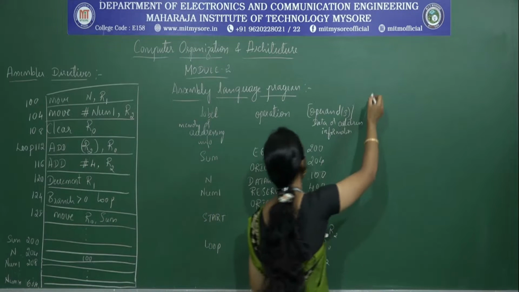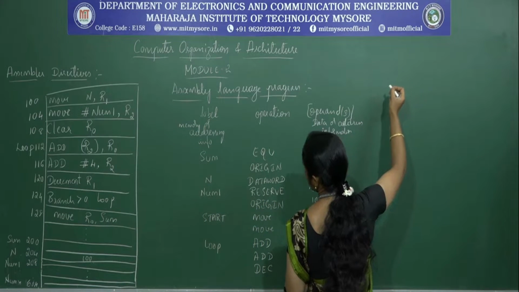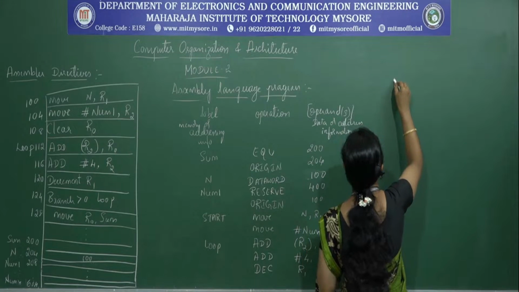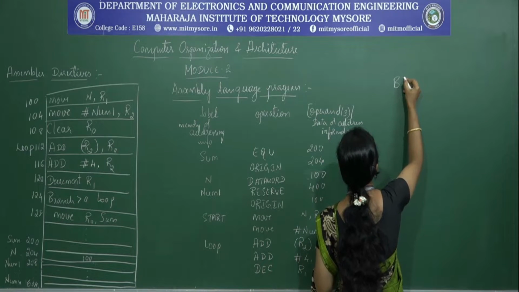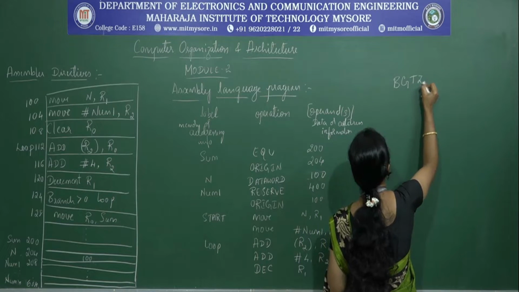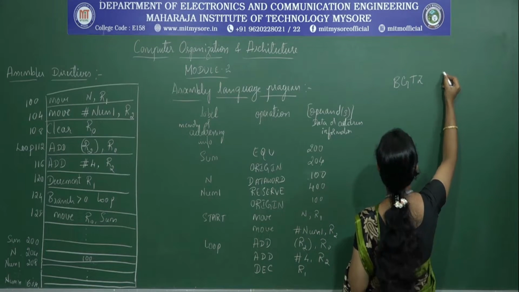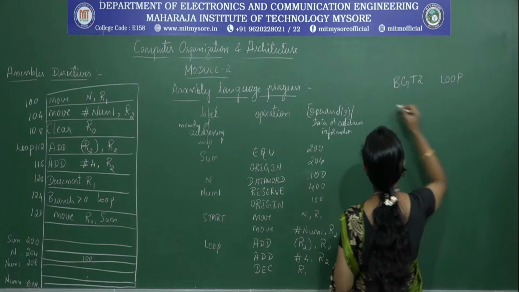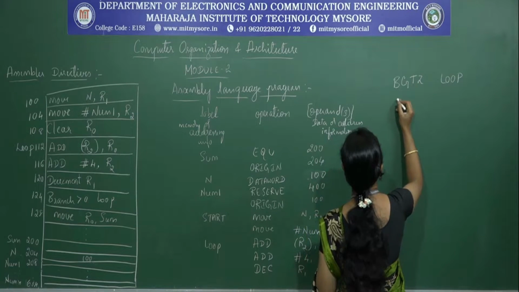After this you will be having the next instruction as the branch instruction, which is written as BGTZ LOOP.